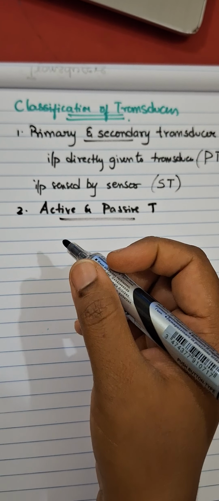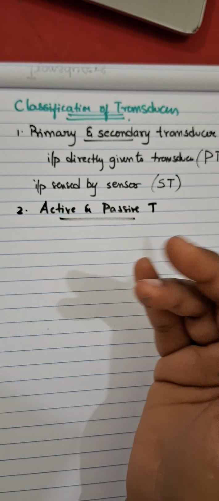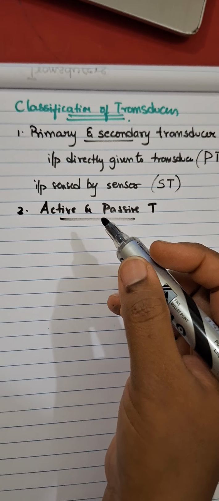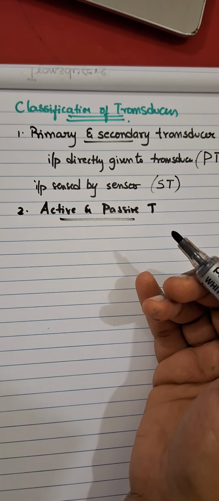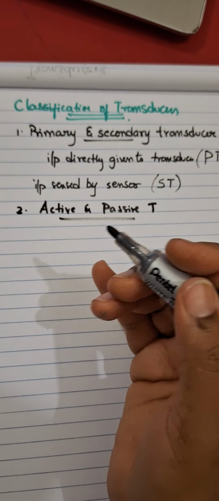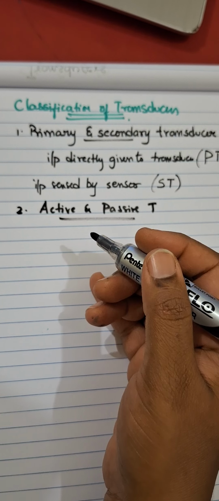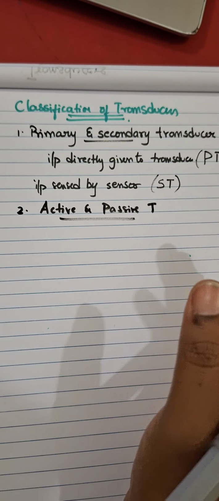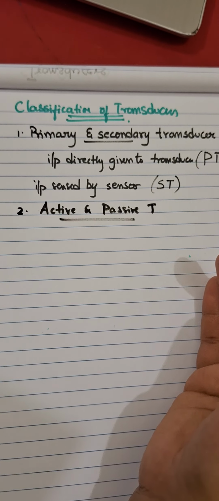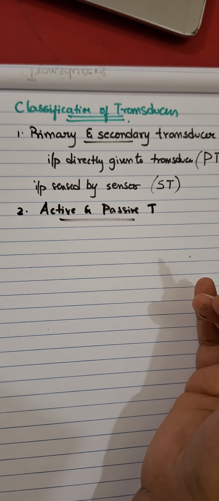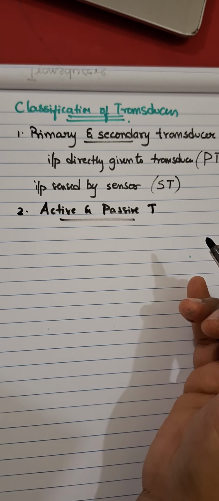And transducers in which electrical parameters like resistance, inductance or capacitance change with the input are called passive. So active means the transducer output is directly in electrical form, like voltage, and transducers in which electrical parameters change with the input are called passive.